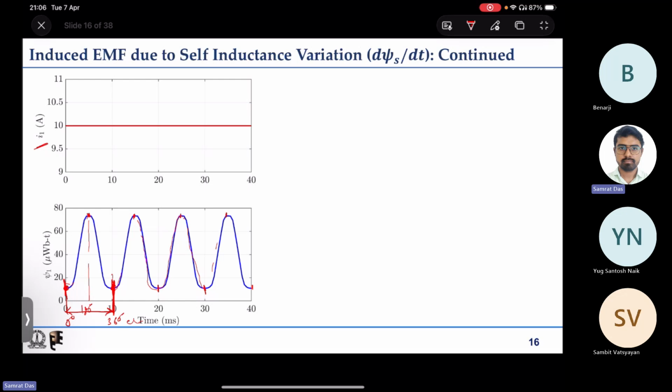Now because the flux linkage of the coil changes, there is some d psi 1 dt. This coil has some inductance.